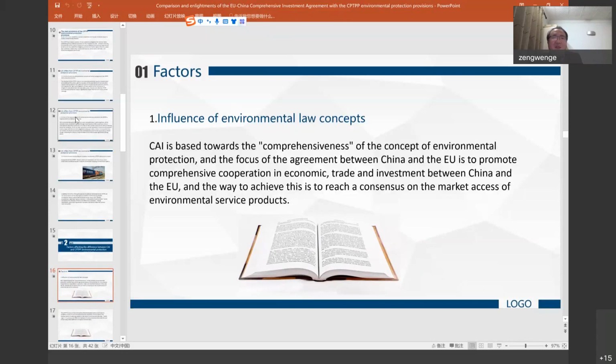The CAI is based on a comprehensive concept of environmental protection, and the focus of the agreement between China and the EU is to promote comprehensive cooperation in economic trade and investment between China and the EU. The way to achieve this is to reach consensus on the market access of environmental service products.